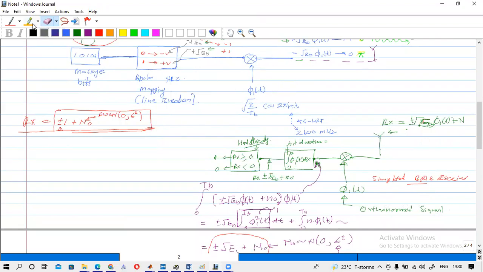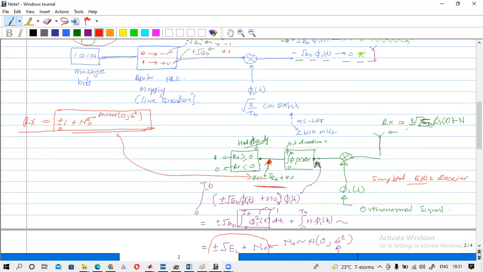We are here, at this point. We have Rx, which is equal to plus or minus root Tb, and we have set root Tb to 1, so plus or minus 1 plus n naught.